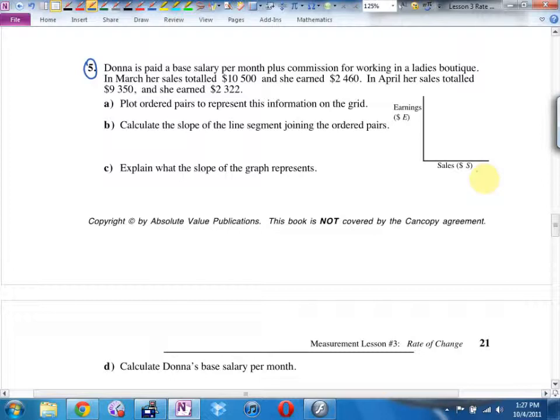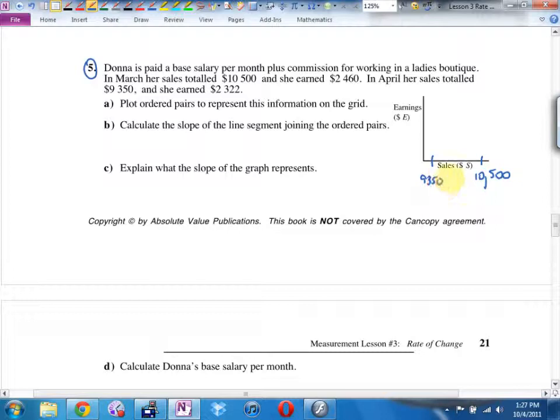What's the largest number of sales that this question mentions? I'm going to put that way over here because I want my graph to be nice and spread out. Is that okay? What's the smallest number of sales this question talks about? I'm going to put that right here, 9,350.